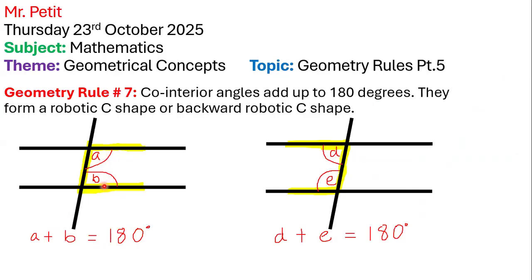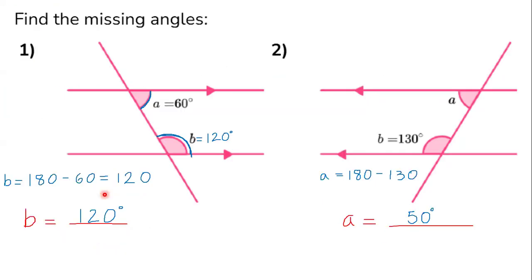That's why we subtract. Hopefully that makes sense. If you add 120 plus 60, that gives you 180. So if they give you one, then you just subtract to get the other one. Make sense? It does. Thank you.